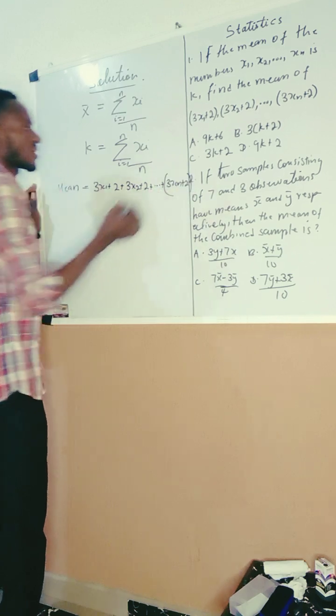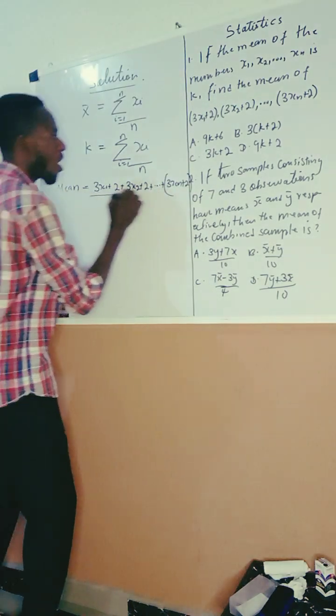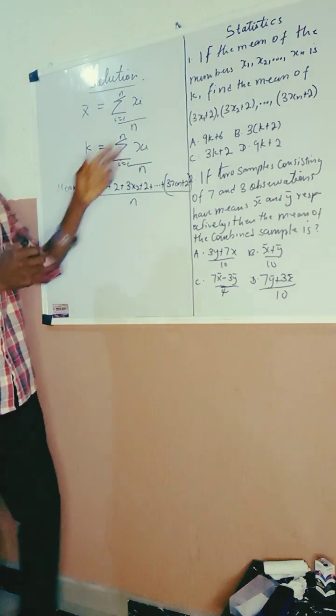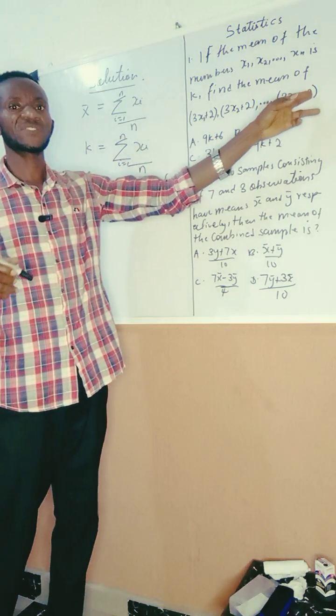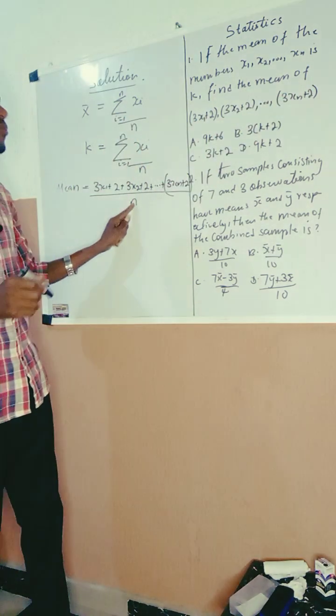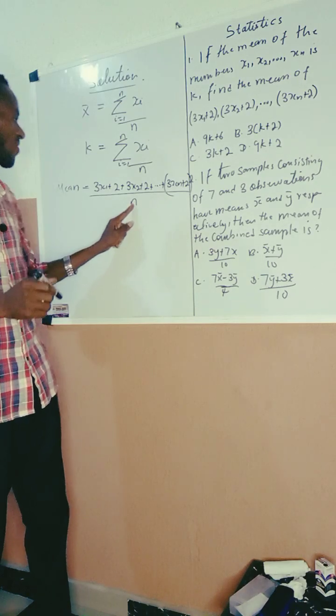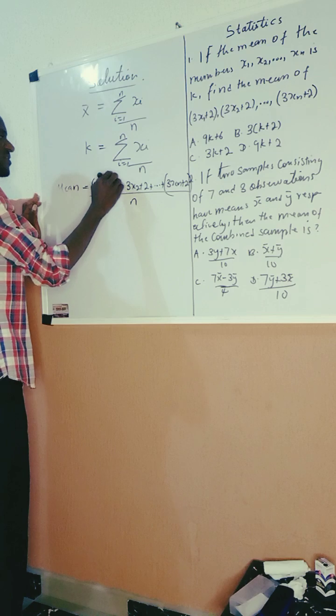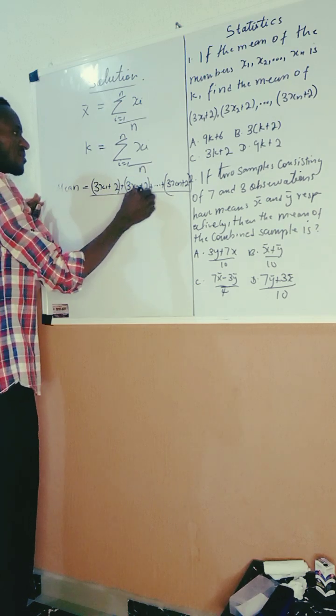I'll open and close, then all over n. What I did here is to sum all the observations and divide by the total number of the observations, which is n. Of course, these things are in brackets this way.